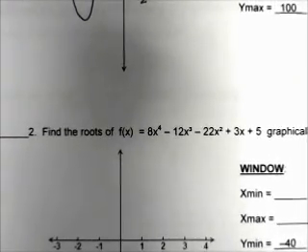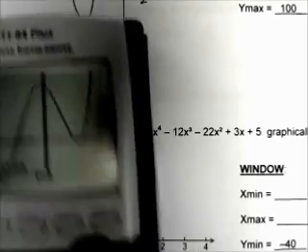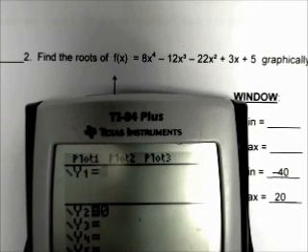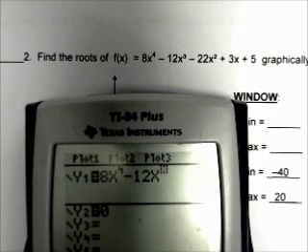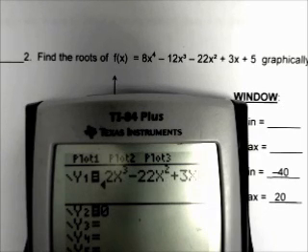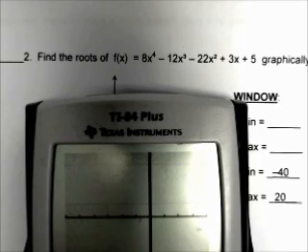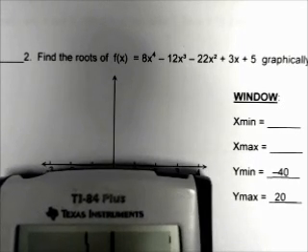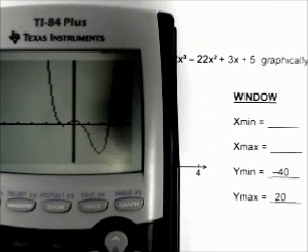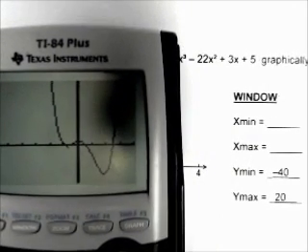Our next problem, again, go back to the graphing calculator. Y equals, clear that out, and let's key in 8x to the 4th minus 12x to the 3rd minus 22x squared plus 3x plus 5. Press graph. All right, and there we have it, but the window has changed, so let's go back to our window.